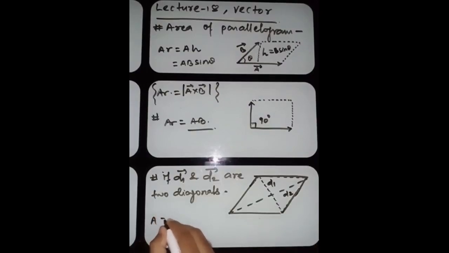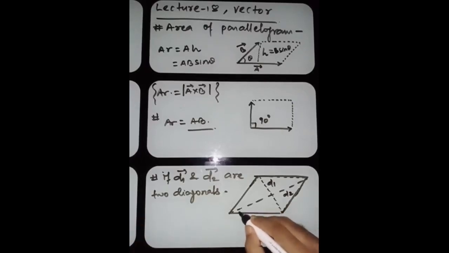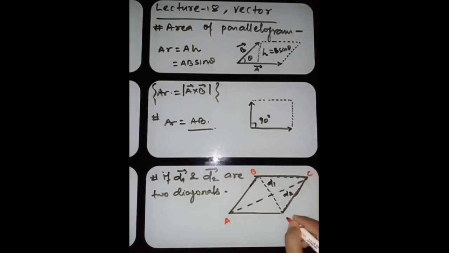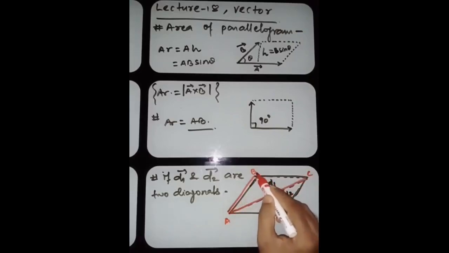So what will be the formula of area in the case of diagonals? Look here carefully to find the area. Here you can see we are having two triangles. Let me write the names: A, B, C, D, and this is O. You can see clearly, my dear students, you have two similar triangles of the same area.